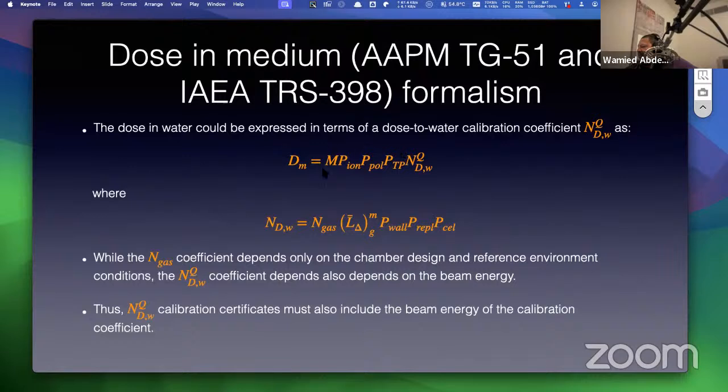The rest, related to the charge, polarity, and temperature and pressure for an open chamber, all remain the same.